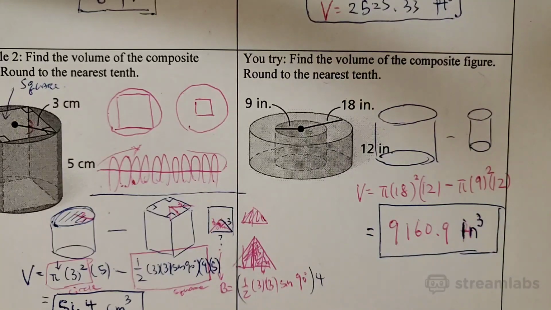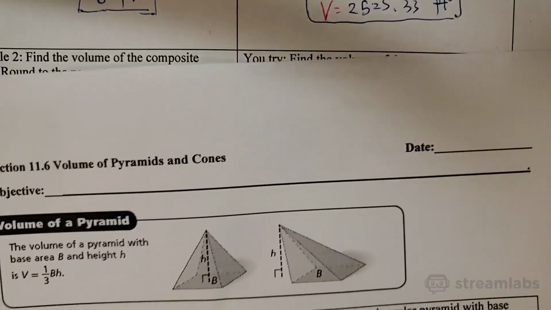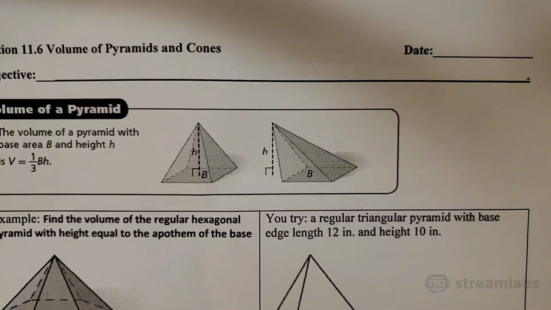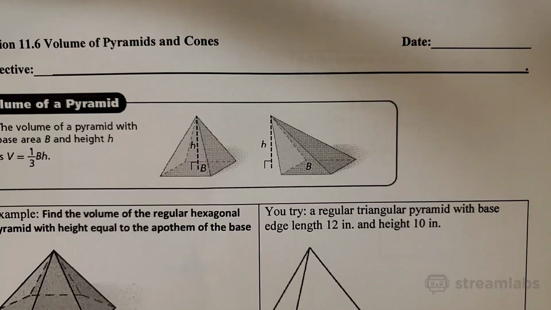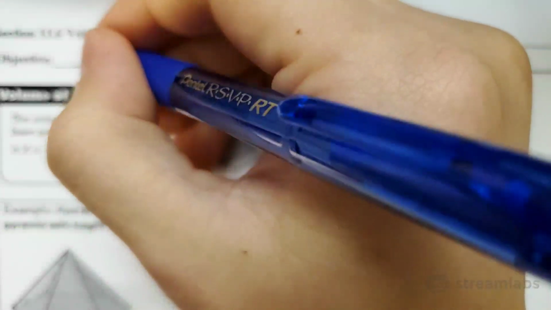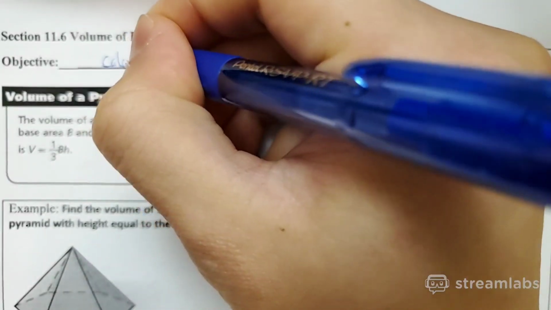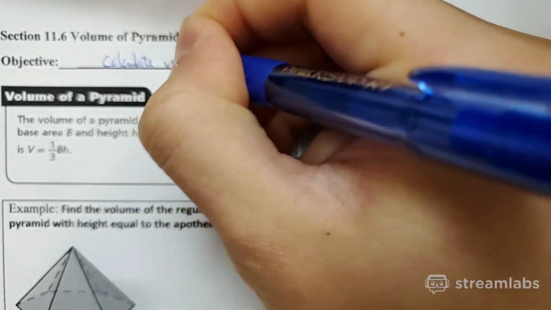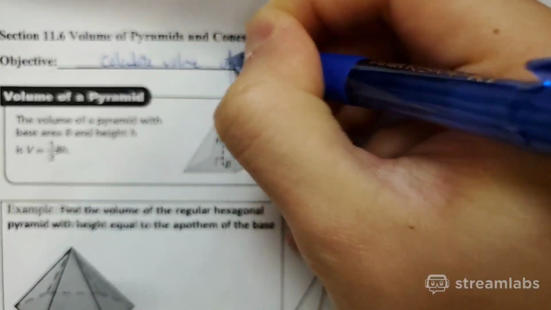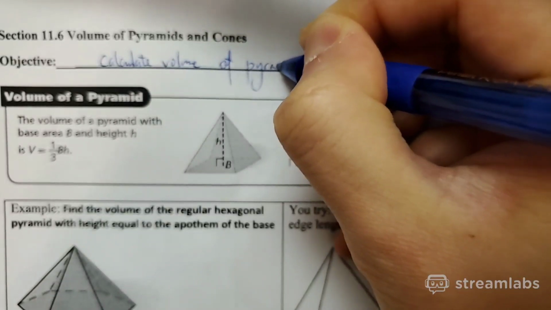If you're okay with this, let's take a small moment to talk about pyramids and cones. Pyramids and cones are basically the same method, except everything is 1/3. So the objective is to calculate the volume of pyramids and cones.